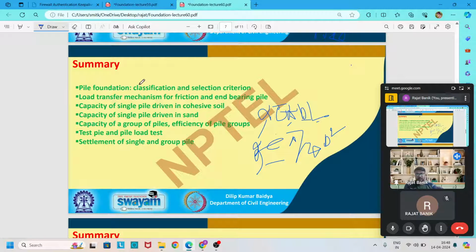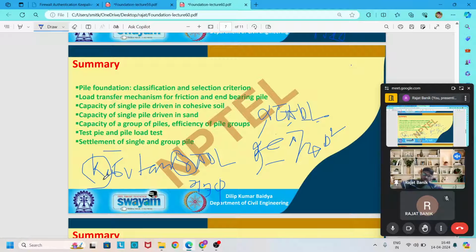For this case, the friction capacity is K sigma v tan delta pi d L, where delta is two-thirds of the friction between the wall and soil, which is equal to two-thirds of phi, the internal friction of the soil, and sigma v is the average vertical stress along the pile length, and K is the coefficient of earth pressure, either in active case, at rest, or in passive case, like that.